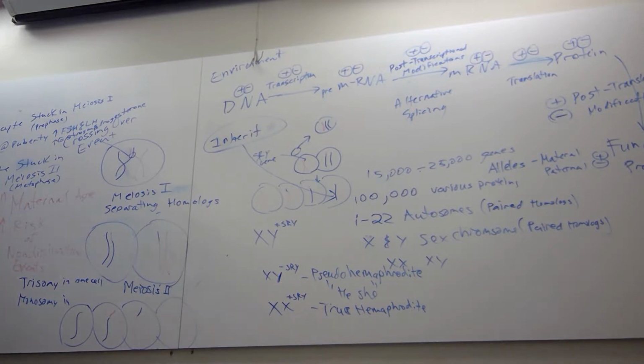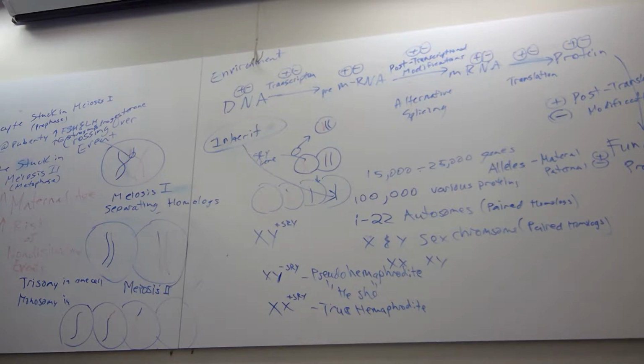Right? Trisomy 21. Oh, there's another one, guys. Klinefelters. Klinefelters, these are examples of non-disjunctional events that can occur in the sex chromosomes. Klinefelters is what? Now you tell me what happened.